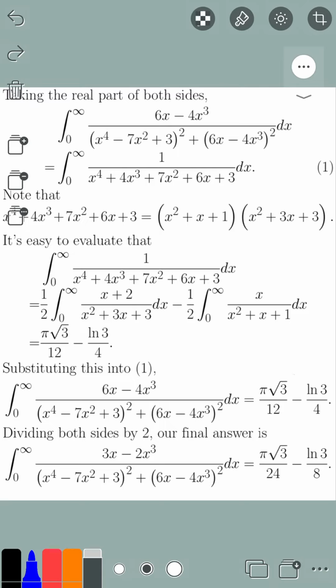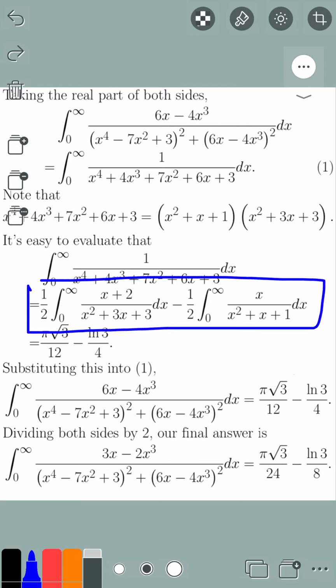So we can do partial fraction decomposition. We get this integral is equal to 1/2 times the integral from 0 to infinity of (x plus 2) over (x squared plus 3x plus 3) dx minus 1/2 times the integral from 0 to infinity of x over (x squared plus x plus 1) dx. And these two integrals shouldn't be hard to evaluate.